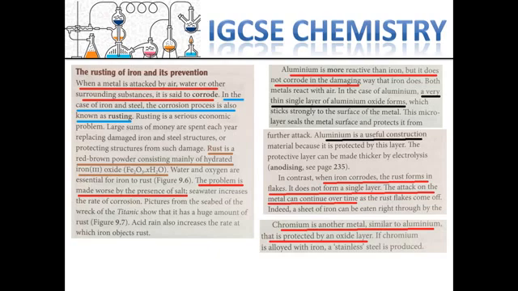That aluminum oxide protects the next layer of the aluminum.